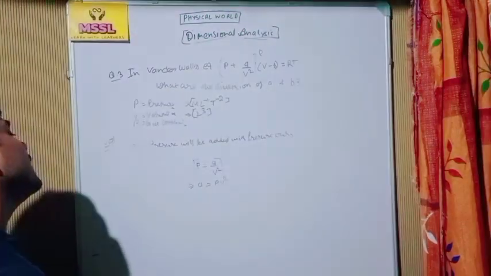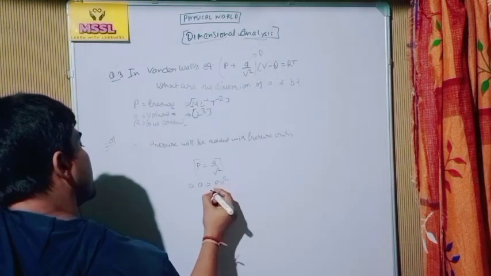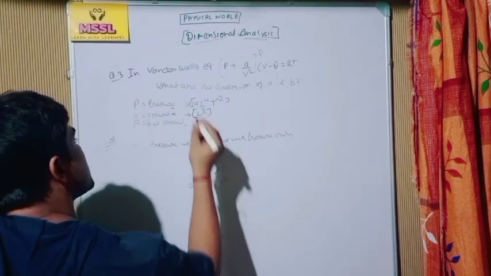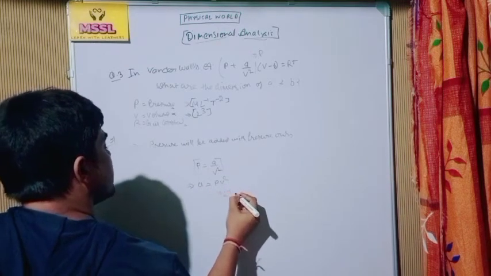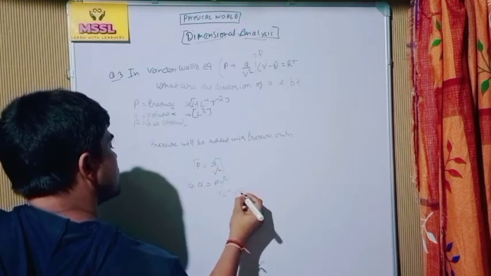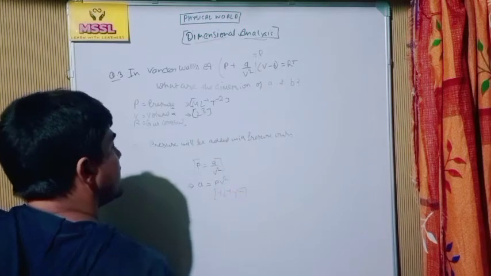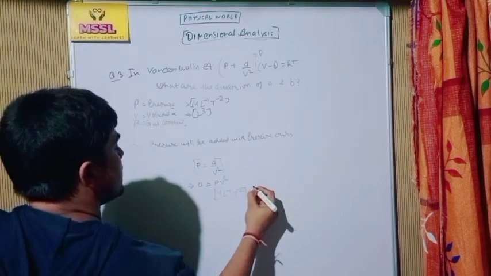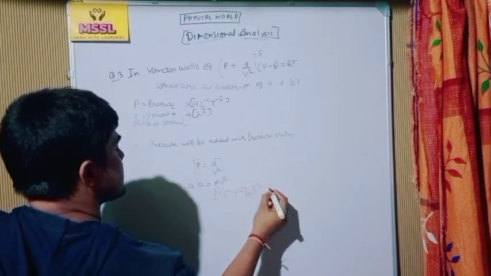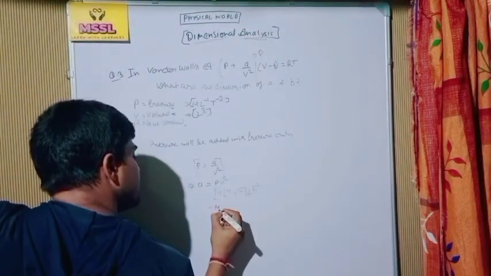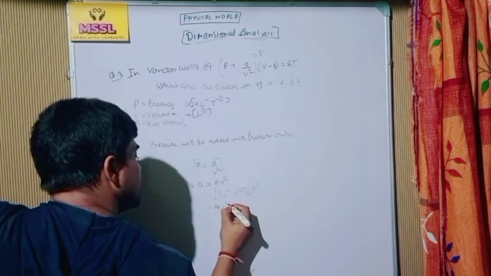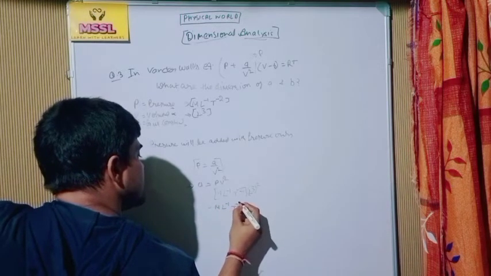Let's do it. P for pressure, as you know, is M L minus 1 T minus 2.